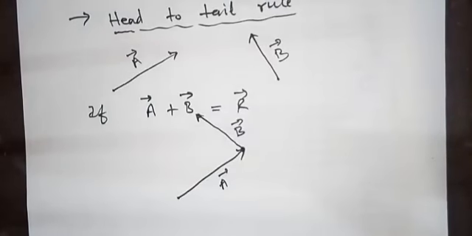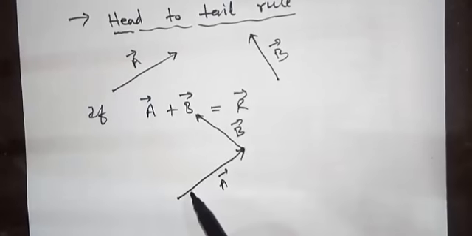Now the final step in this process, the head to tail rule, is that we have to connect the tail of the first vector with the head of the last vector. In summary, that is the whole head to tail rule and its basic concept: the given vectors should be placed according to their given orientations.